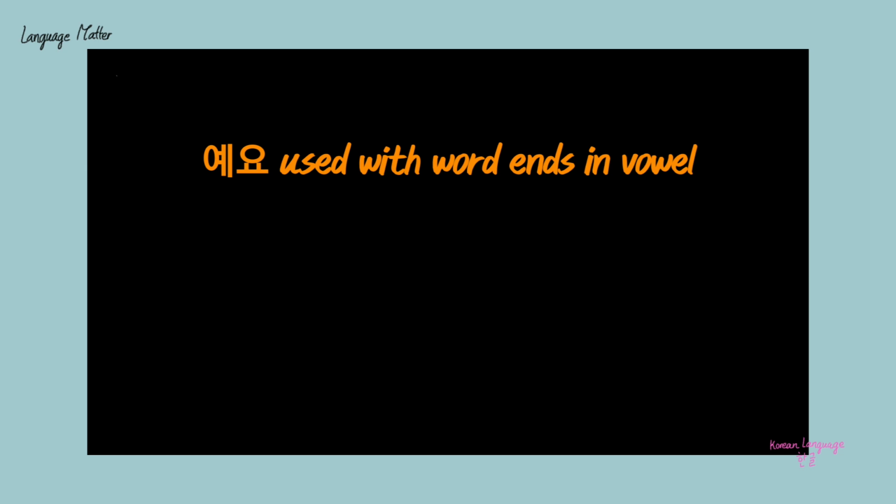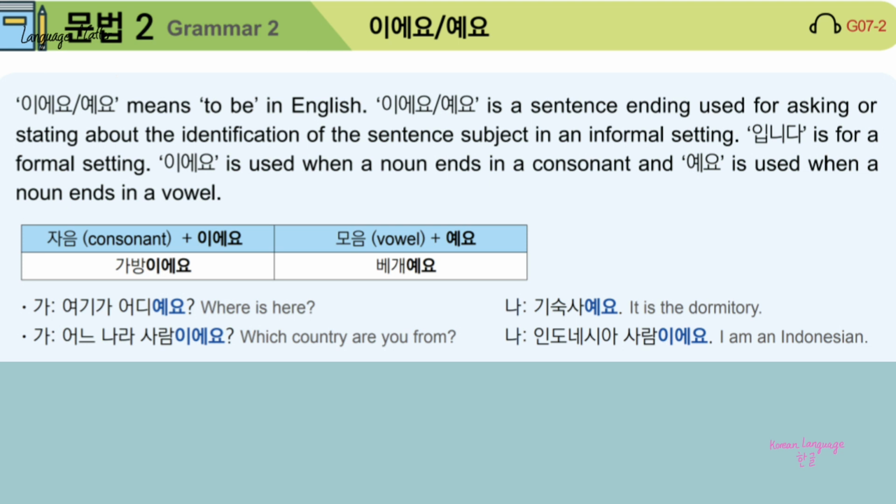Got it? Now, 예요 is used with a noun that ends in a vowel. It's like the saying, opposites attract. Can you think of a noun in Korean that ends with a vowel? No, not yet? Well, we'll practice it later. When there's a consonant sound like 응, it makes a vowel sound with 이에요.